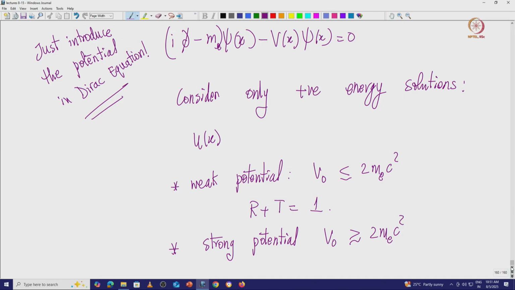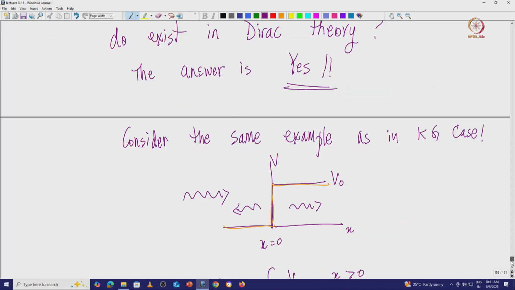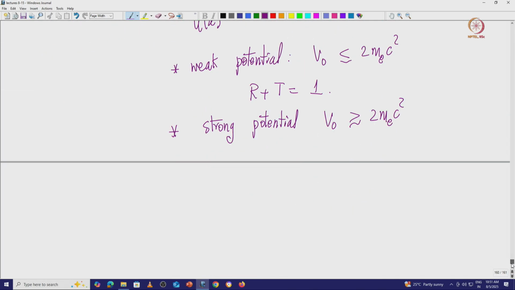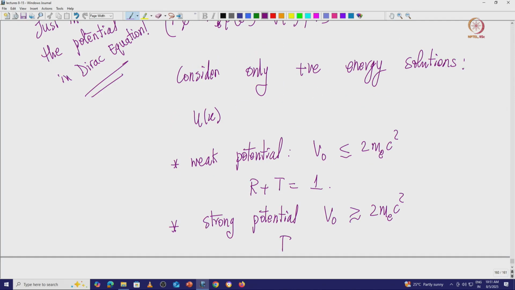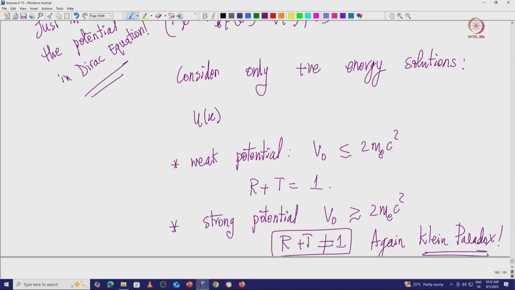You end up having absurd answers, exactly like in the previous case, because in relativistic theories the Klein paradox appears again.